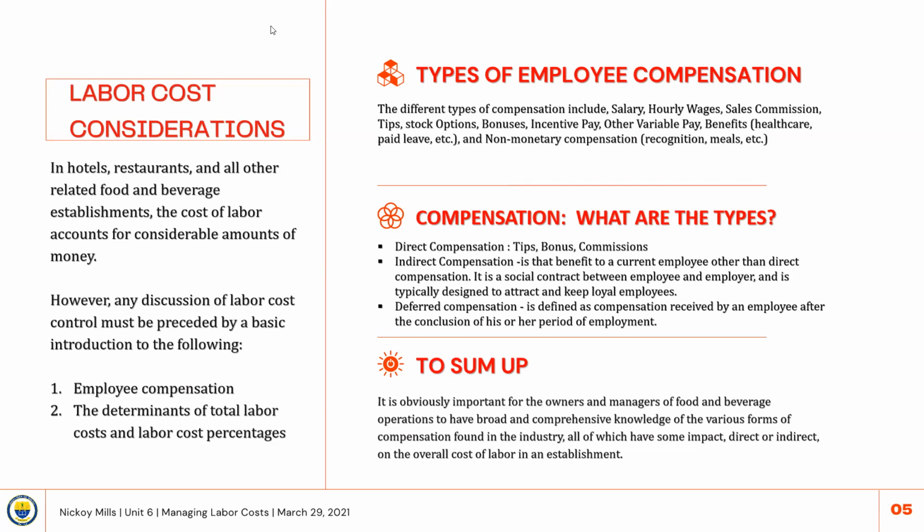Traditionally, the term salary is used to refer to a fixed dollar amount of compensation paid on a weekly, monthly, or annual basis, regardless of the actual number of hours worked. Wages, in contrast, always take the actual number of hours worked into account.